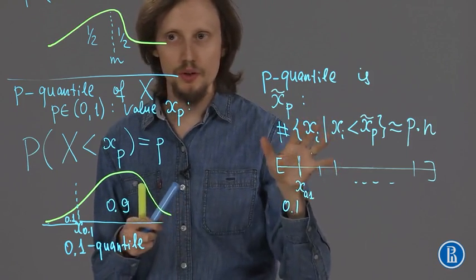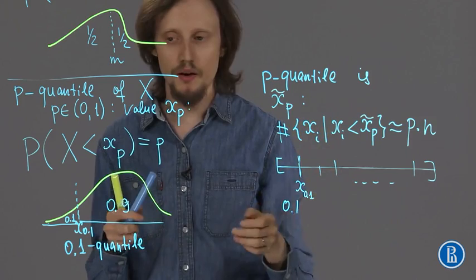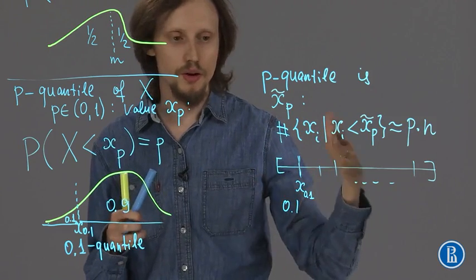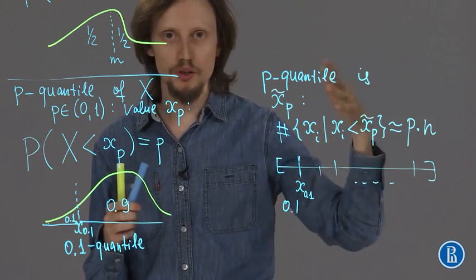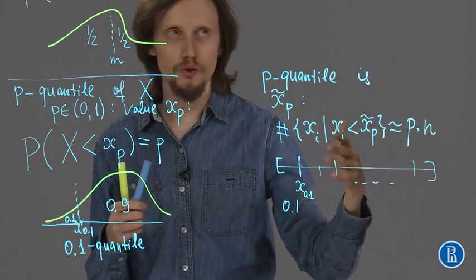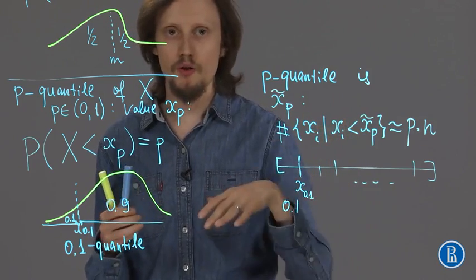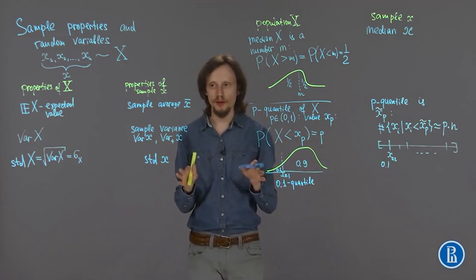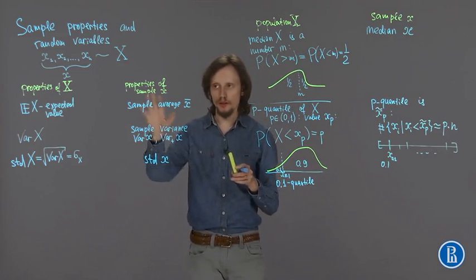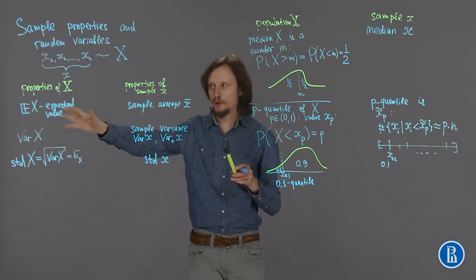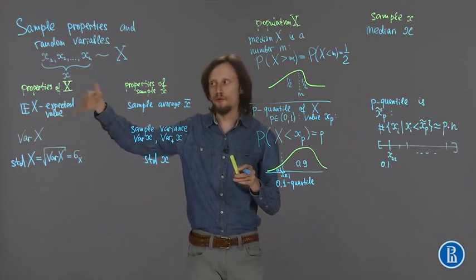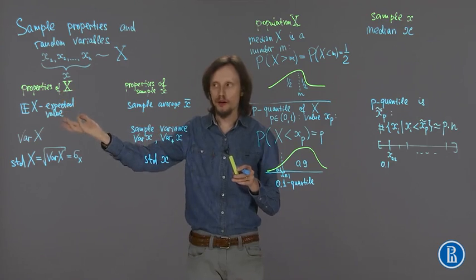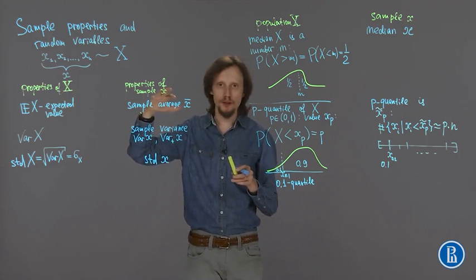Quantiles sometimes can be useful to describe, for example, the sum of the largest values that belong to our sample or the sum of the lowest values. So we see that we have properties of samples and corresponding properties of population, properties of the random variable used to generate this sample.